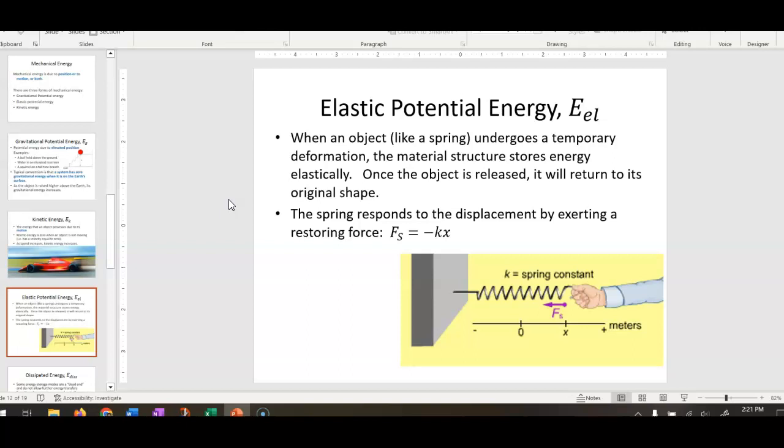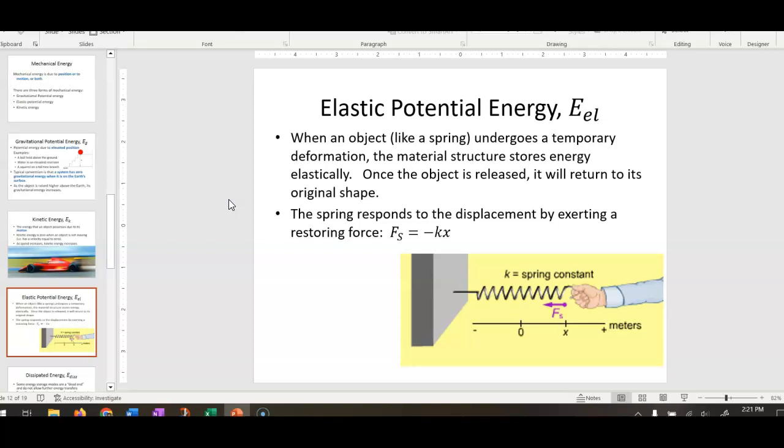You can stretch it. You could also compress it. But when you change its shape, it's a temporary change, because as soon as you pull your hand away, it snaps back to its original shape. So that's important. In order to store elastic potential energy, an object has to be able to return to its original shape as soon as whatever's happening to change its shape goes away.